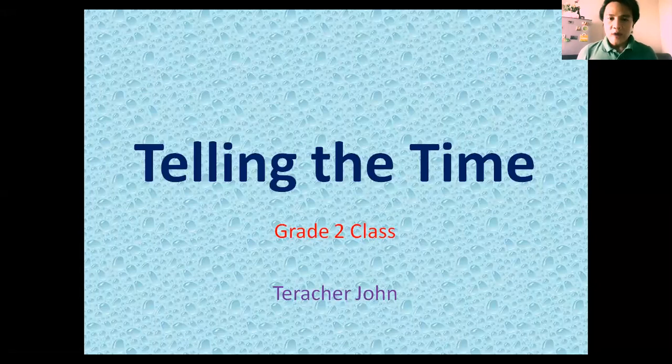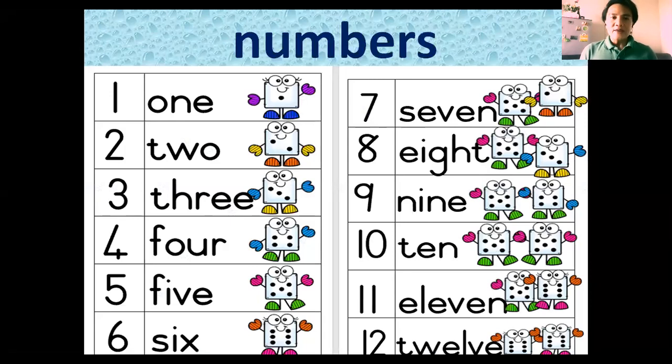For our vocabulary words for today, we have to review first our numbers from 1 to 12. These are the numbers that we need to remember. Numbers 1 to 12.